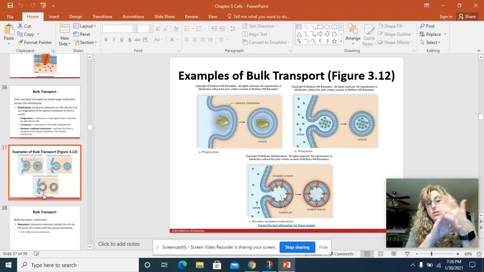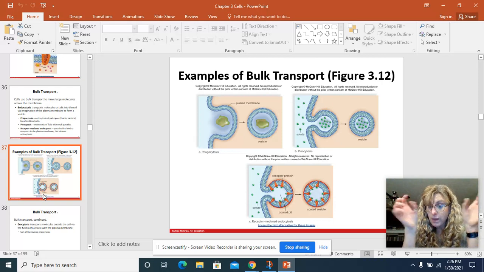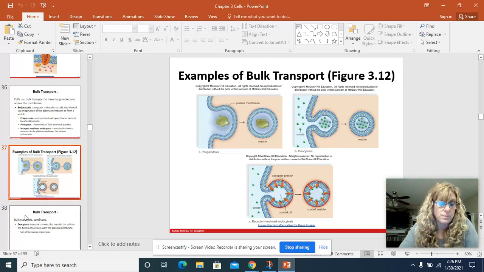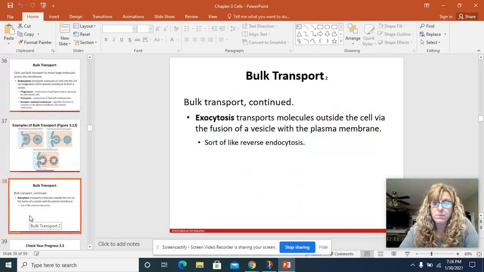There are two different types: phagocytosis, taking in a big food particle, or pinocytosis, taking in liquids. Exocytosis is excreting large particles. Exocytosis is just like reverse endocytosis. My kids in high school used to say it's like cell poop, because it's just expelling the large particles.